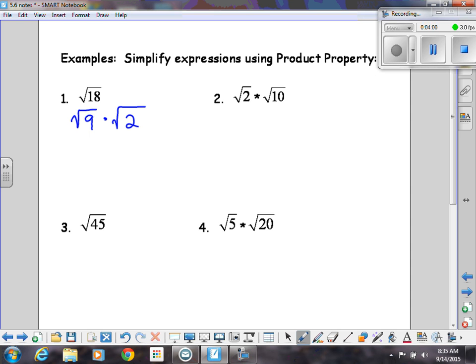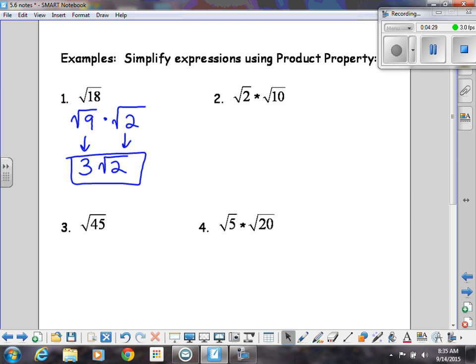Now the square root of 9 is on my list, but square root of 2 is not. I know that the square root of 9 is just a plain old 3, the whole number 3. The square root of 2 is not on the list, so that's going to stay the square root of 2. And this is what we consider simplified, because there are no longer any perfect squares I can factor from 2. I can't pull 2 apart. So this would be my final simplified answer.